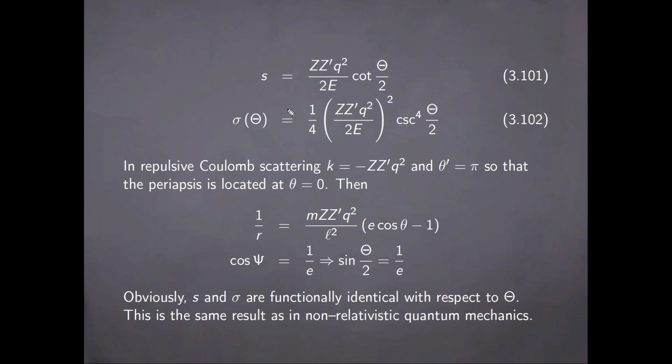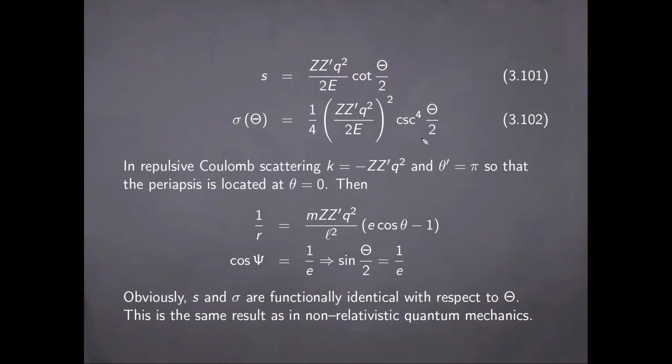So we can solve this expression for the scattering angle, for the impact parameter, and then using the definition of the differential cross section sigma, we find the result given here.